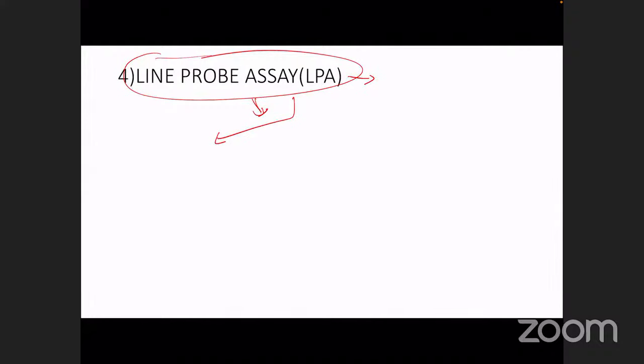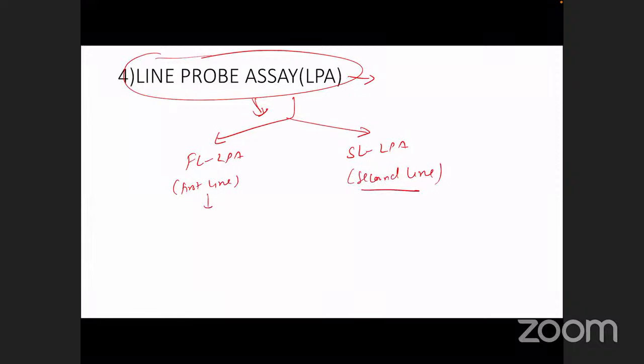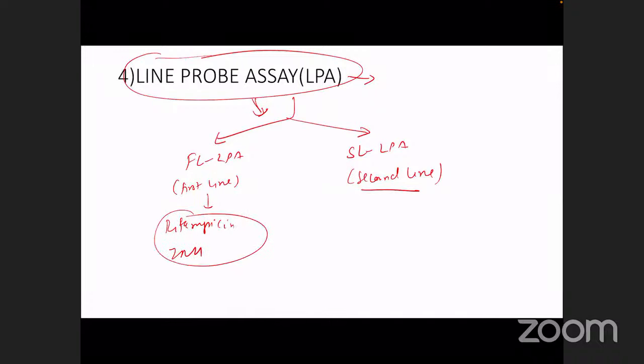Having said that, I told you that genotypic methods are not available for all drugs. They are available for only some of the drugs. Which drugs? We will see that. So you have first line LPA and second line LPA. We'll let you know why it is important. First line LPA is for rifampicin and isoniazid, and second line is for fluoroquinolones.